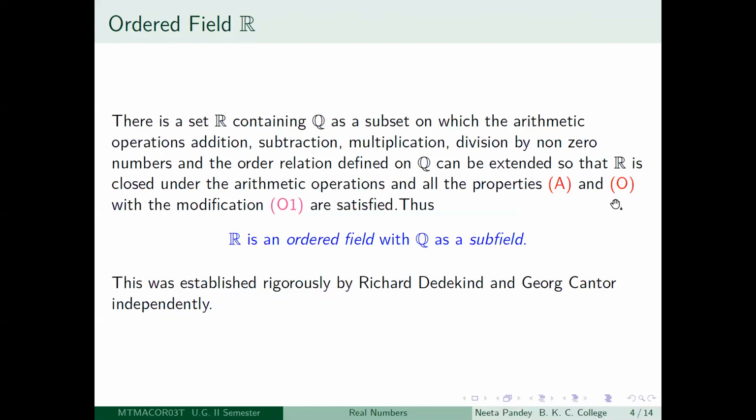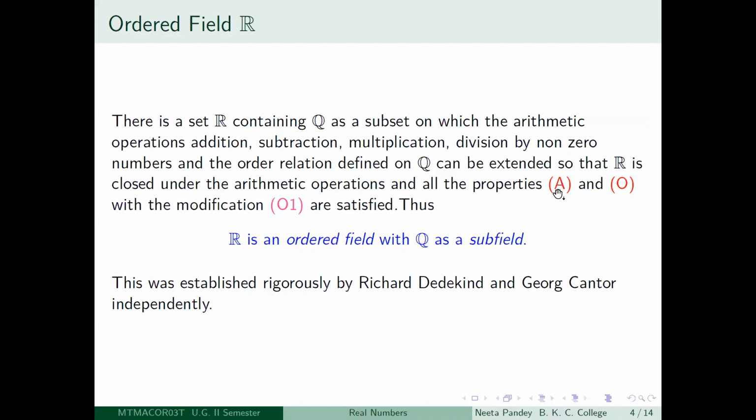the order relation is transitive and it satisfies the trichotomy property, that is, given any two numbers you can compare them, one number is always either less than, equal to, or greater than the other number.